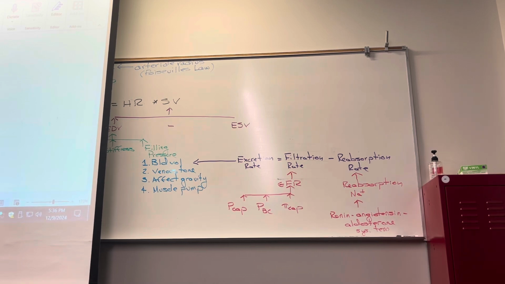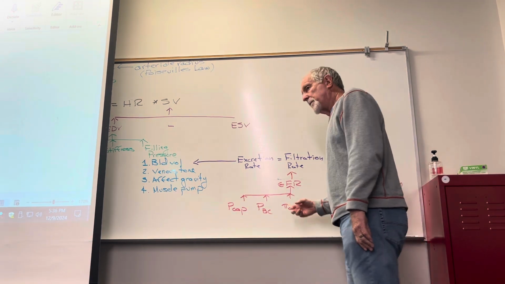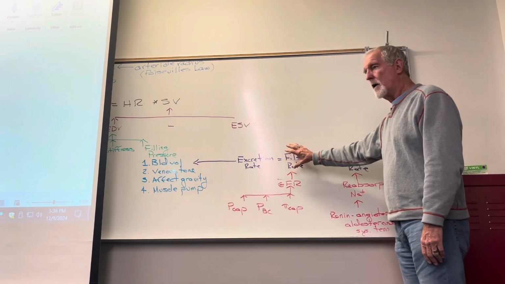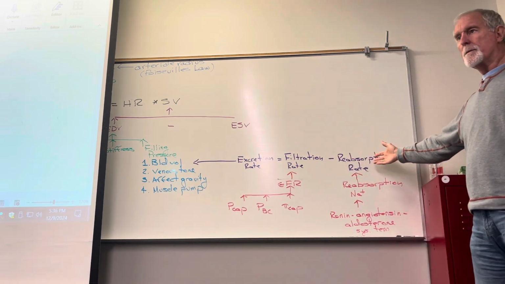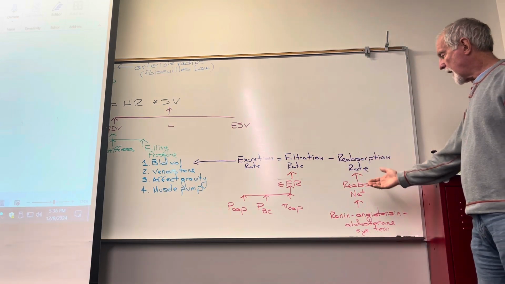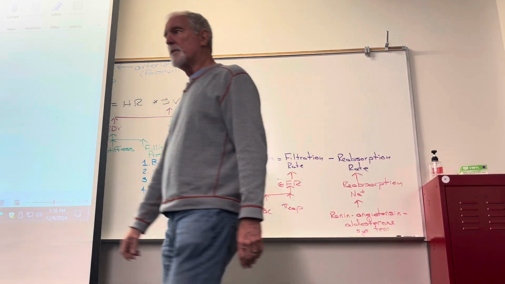Drilling down a little bit further, you should be saying, what determines GFR? The answer is PCAP, PVC, PICAP. That's over here on the filtration side of our equation. On the reabsorption side of the equation, we have key factors involved in the reabsorption of sodium.